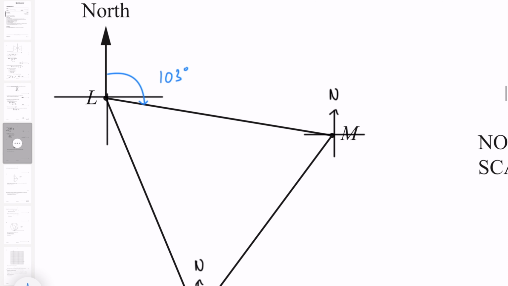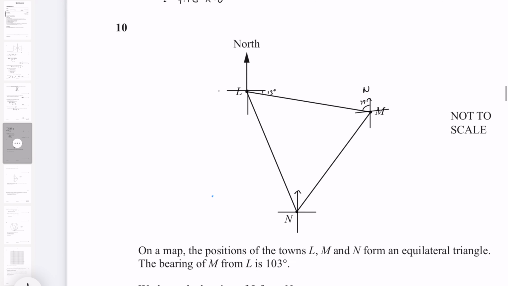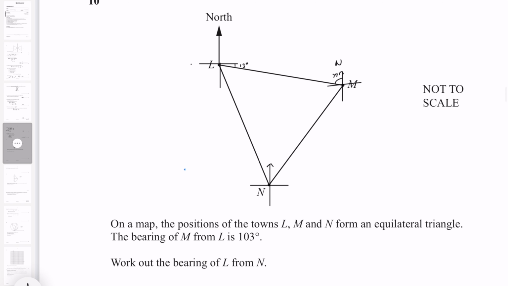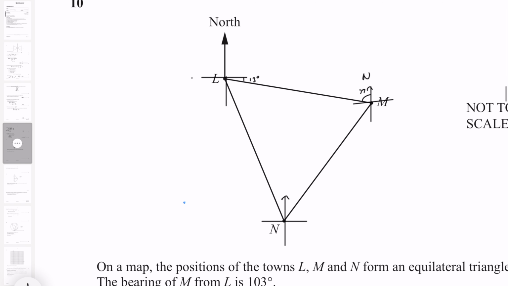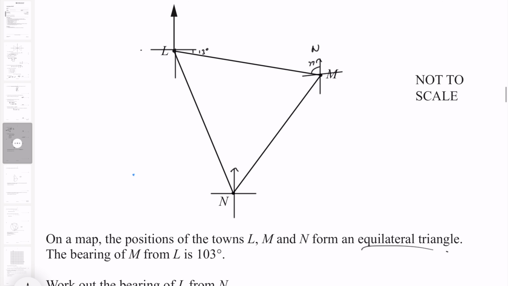I know each quadrant is 90, so that little angle right there is 13 degrees. Just going to write that in. This is 13 degrees, which means this angle right here is 77 degrees. And they make an equilateral triangle. Oh, okay, I'm missing this information.